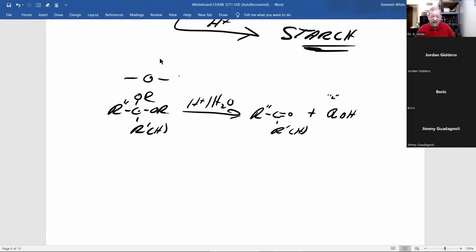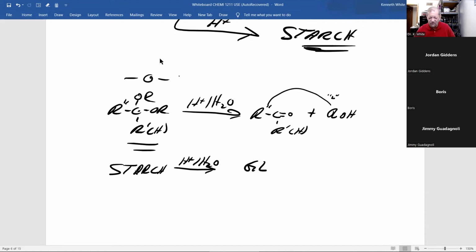Now, if you have starch, which is this, and you add acid like in your stomach and water, what do you get back? Well, you get back the molecule, which these are connected together, and we call that glucose. And that's why glucose is the most abundant sugar in nature.